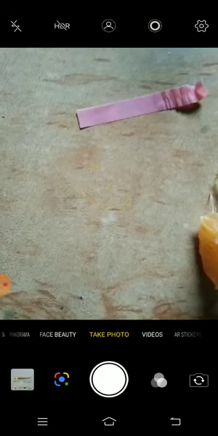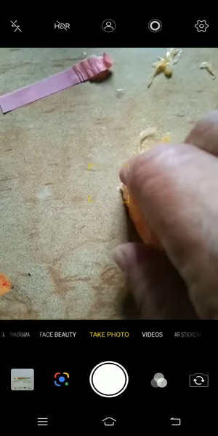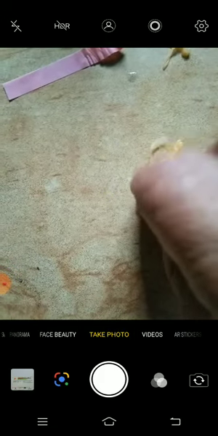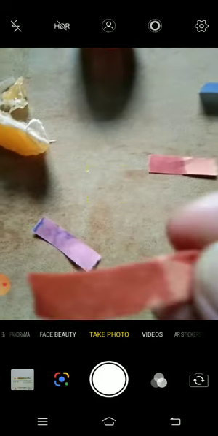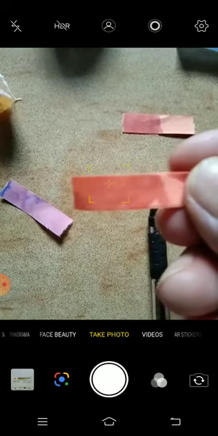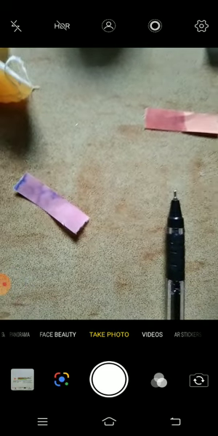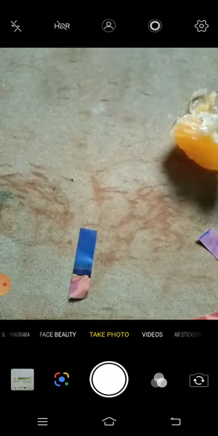And now see the use of this orange. What happens here? It is orange in color.